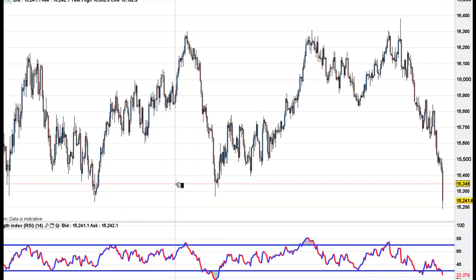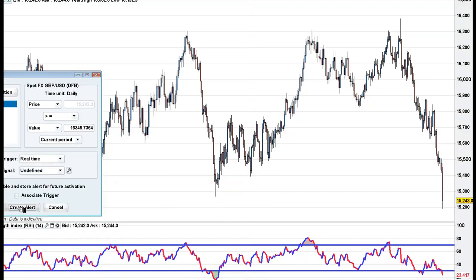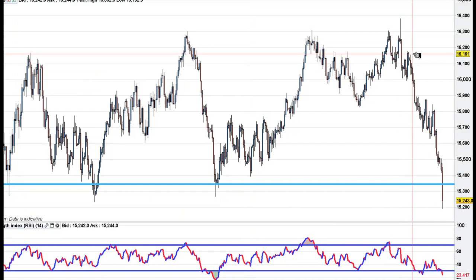A pullback to 153.50 would be a great place to get short. So I will put an alert there to short at that area. Quite some sell-off, and it doesn't look done yet.